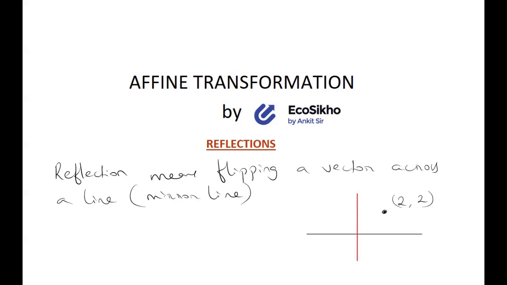This (2, 2) will have its reflection somewhere around here, which is (-2, 2). So this is what we are going to learn. That is, if I have a vector (2, 2), what should I multiply it with so that I arrive at a new image point, which in this example is (-2, 2).